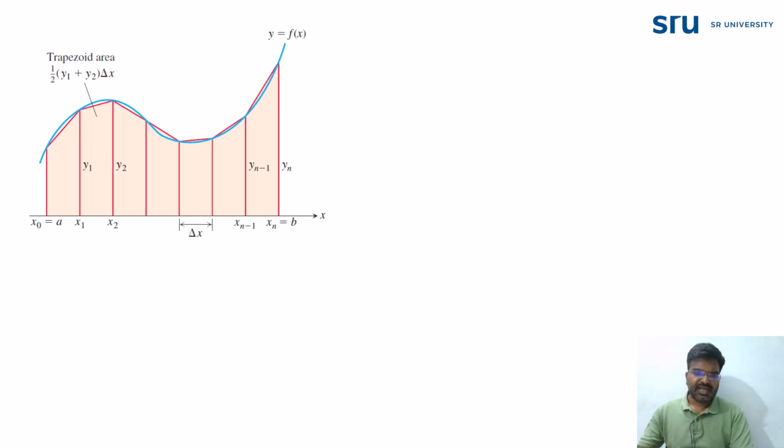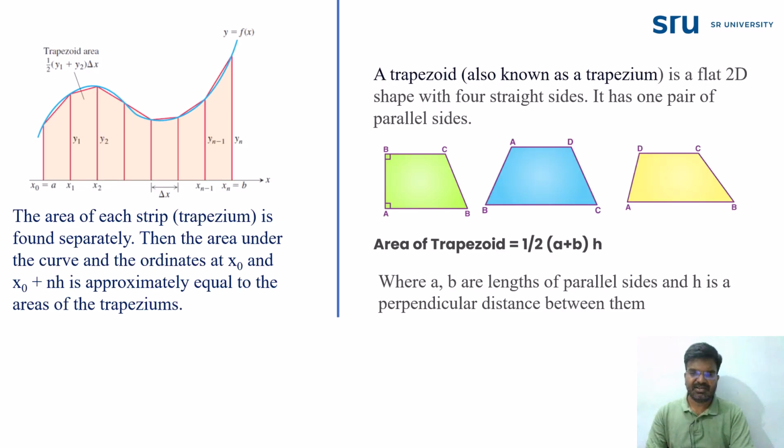See, in every subinterval, you will find one trapezium. I think you know the meaning of the trapezium. What is the meaning of the trapezium here? Trapezium means you will find one pair of parallel lines.